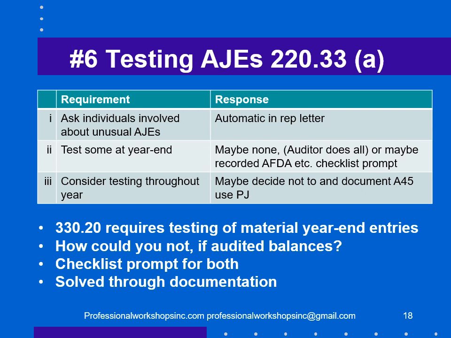Now, 330.20 requires testing a material year-end entry, so we have to do it anyway. So we automatically have to comply with number 2. So that should be just a checklist step. We followed 330.20. And how could you not if you audited the balances? So we need a checklist prompt for both, and this is solved through documentation.